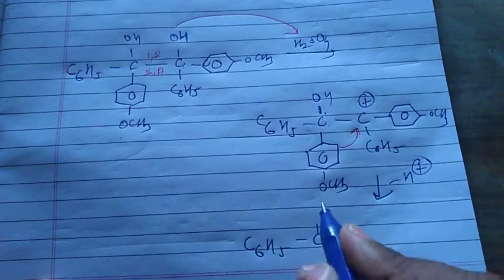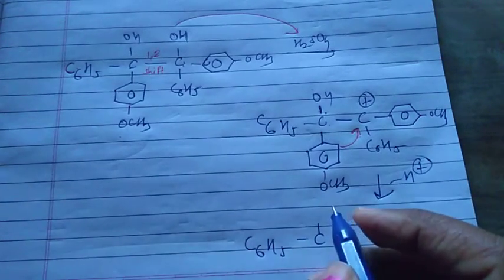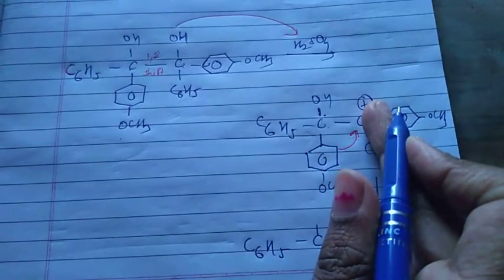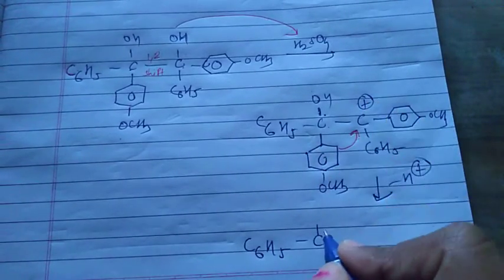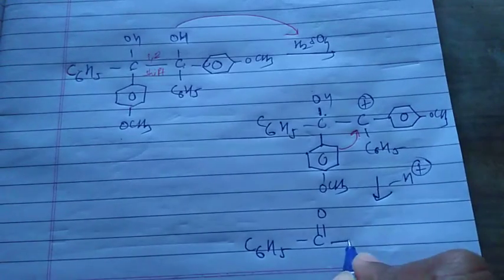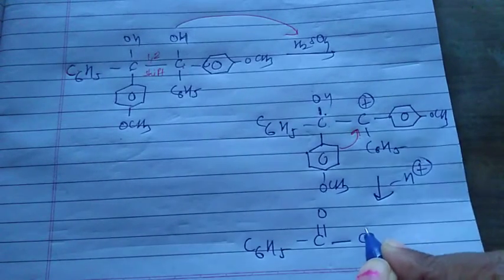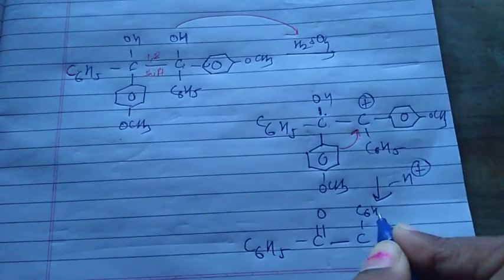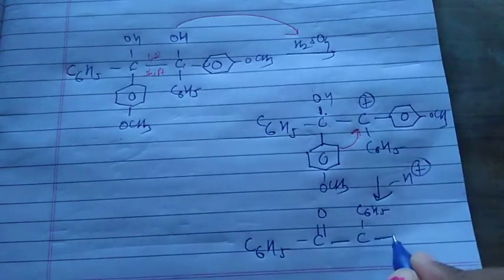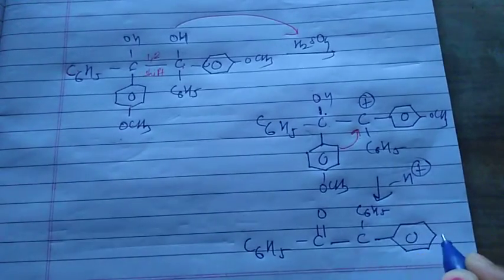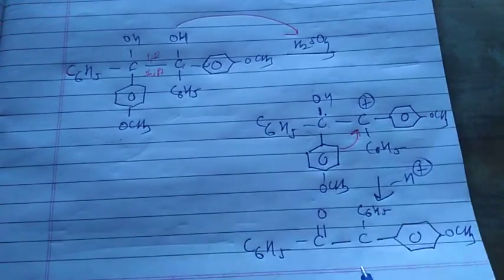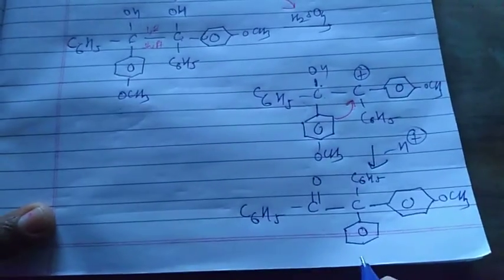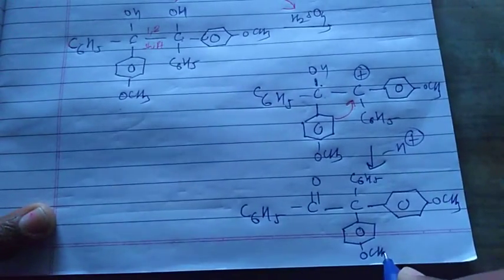Here I am directly writing the product. This is shifted to here, and there is a formation of this type of product, C6H5, and this type of compound with OCH3.